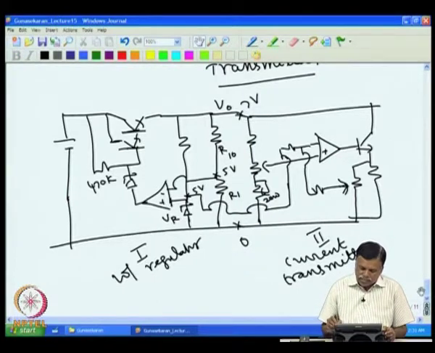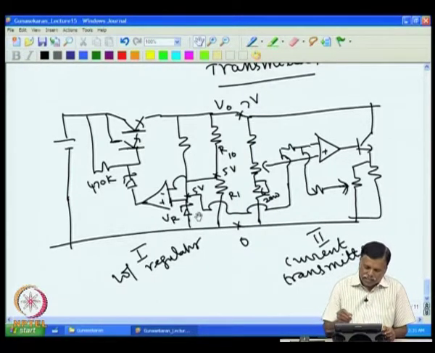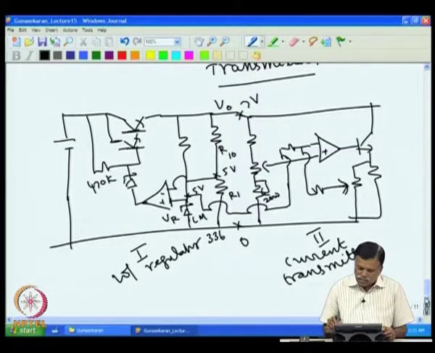So, we take the zener, for example, a typical zener like the LM336 used as a zener diode.